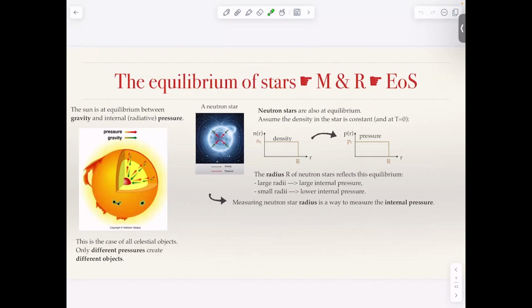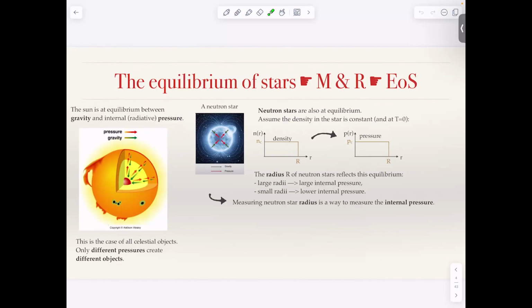Therefore a larger pressure means a larger radius of a neutron star, and a smaller pressure means a smaller radius. So when we measure the radius of a neutron star, within this toy model, you will see later on that reality is more complex, but with this simple model, we are just measuring the pressure inside the neutron star.